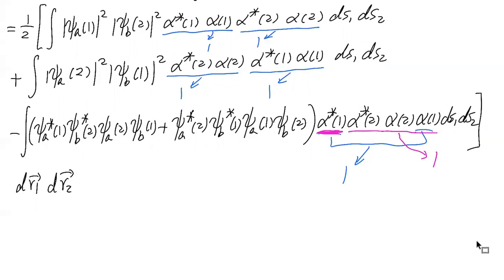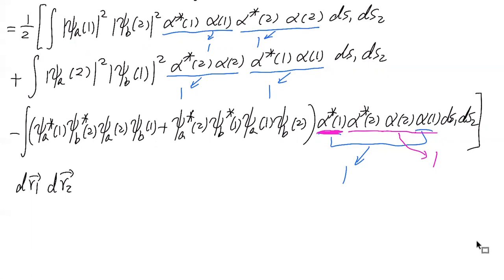But when you have a pair of the same spin electrons, you don't have 0. You have 1 here, right? Because you have alpha 1, alpha 1. And for the second electron, you have alpha 2, alpha 2, right?